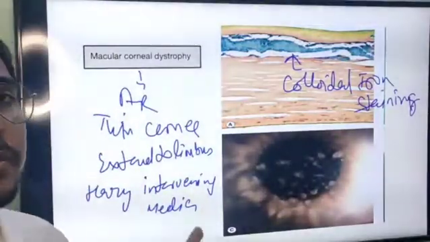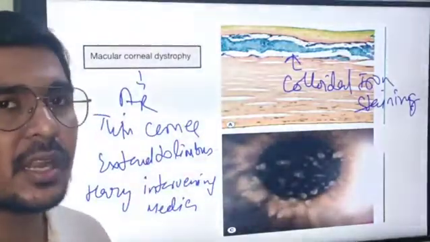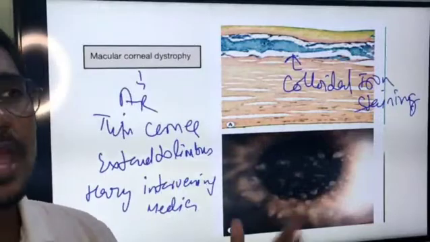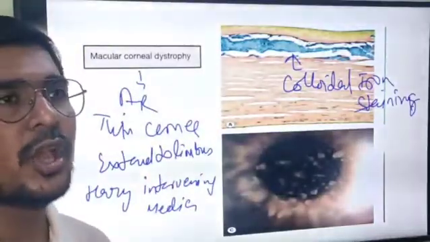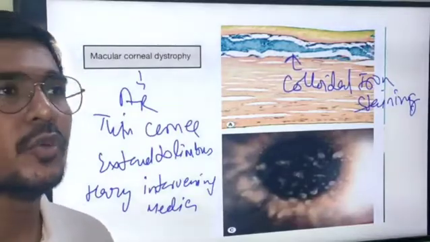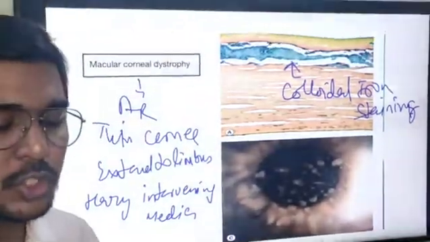M for macular, M for mucopolysaccharides. GAGs are glycosaminoglycans, which are mucopolysaccharides only. So M is for macular, M is for mucopolysaccharides. Now you have to remember: granular is hyaline, lattice is amyloid.